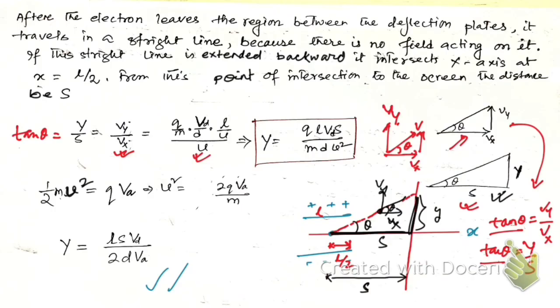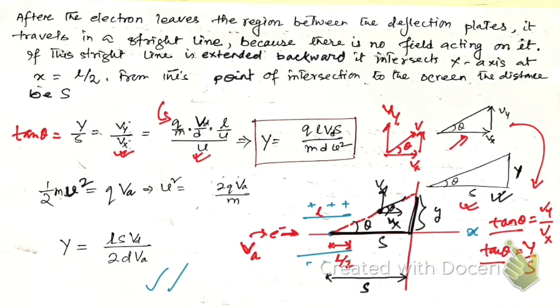So we have used these values, and you see if an electron is being accelerated, and to accelerate this electron, the accelerating potential is, suppose, VA.